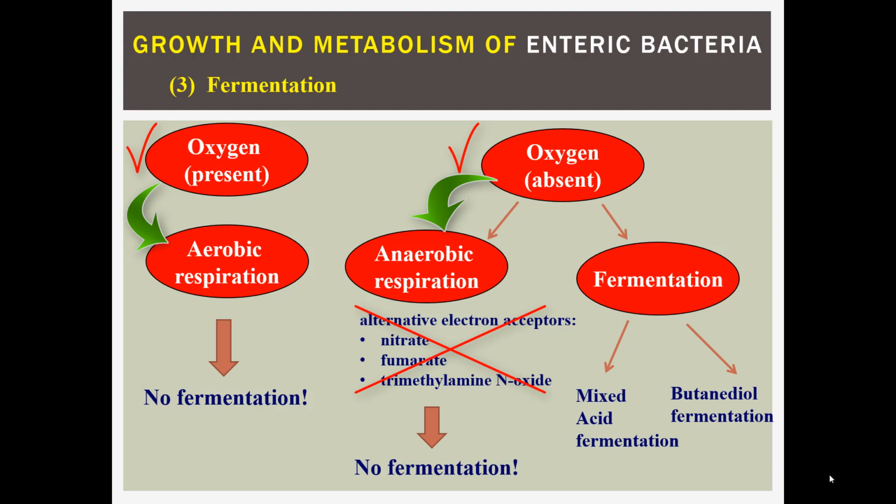In the absence of these electron acceptors, they will switch to fermentation and ferment glucose to a mixture of acetate, formate, lactate, and succinate acids plus ethanol. Some will carry out butanediol fermentation.